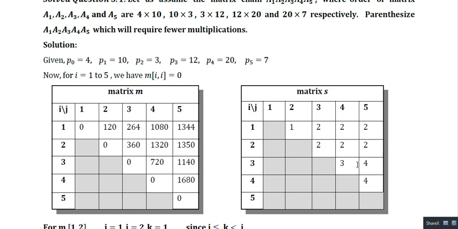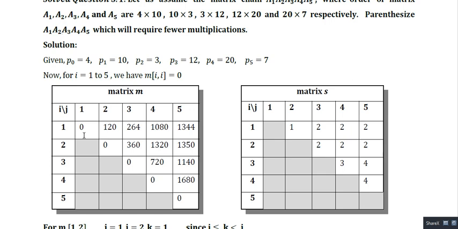This darkened side represents that the value of i cannot be greater than the value of j, because that will not be a valid sequence. So either i will be the same as j or i will be less than j. If i equals j, the sequence contains only one matrix, and there is no need for multiplication.